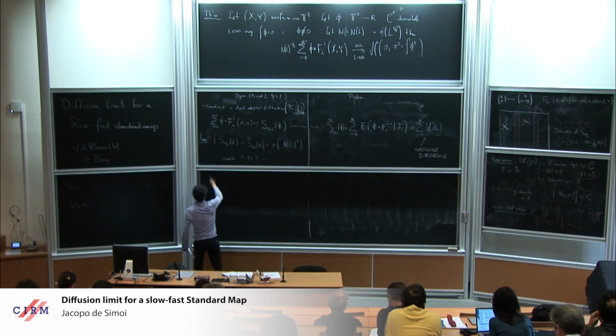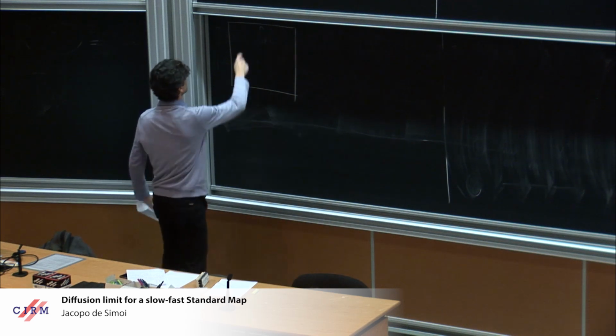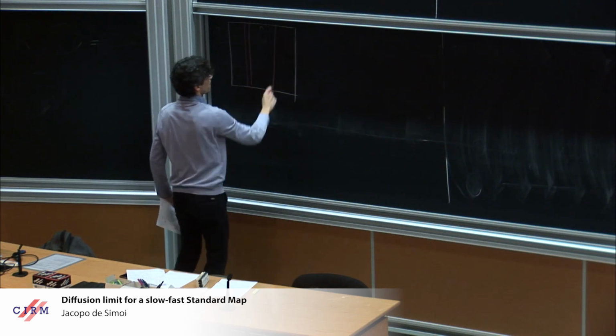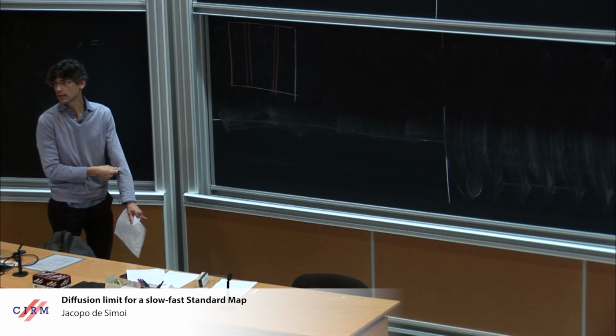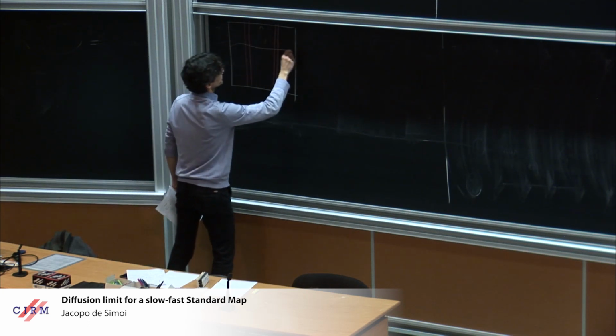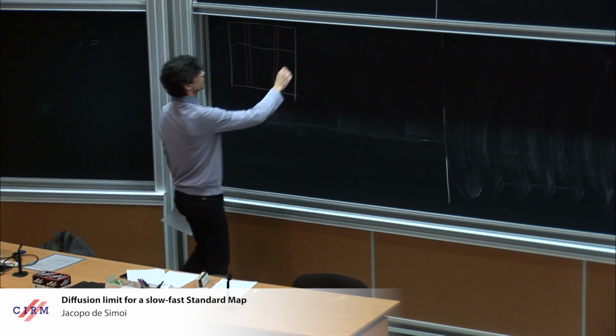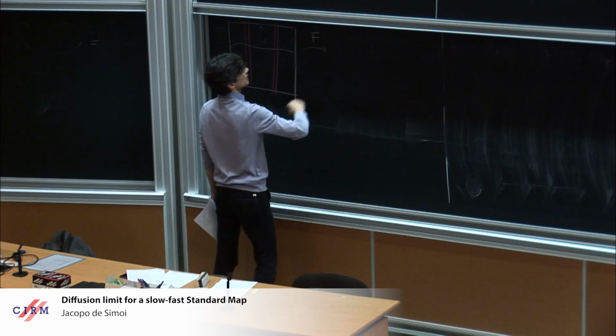I have my torus, and I have my critical set. Let me take a very long standard pair, as long as possible, something like this. So it's almost horizontal.